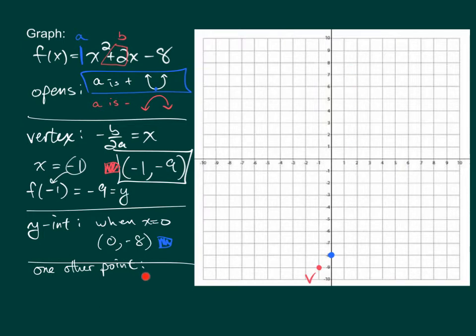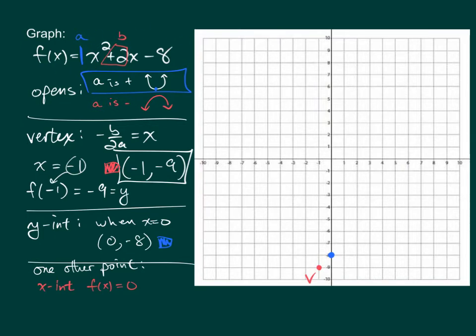So back over here, the other point, there are a couple different things you could do for this other point. You could find the x-intercepts, and that is when you set f of x equal to 0. So f of x is this quadratic expression here.